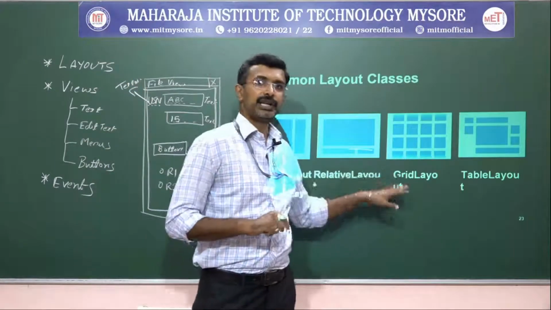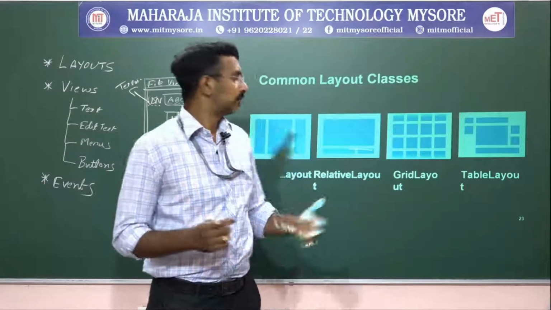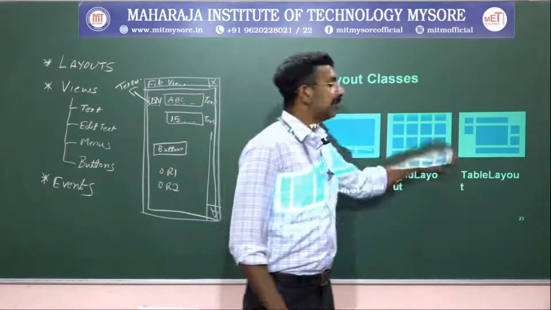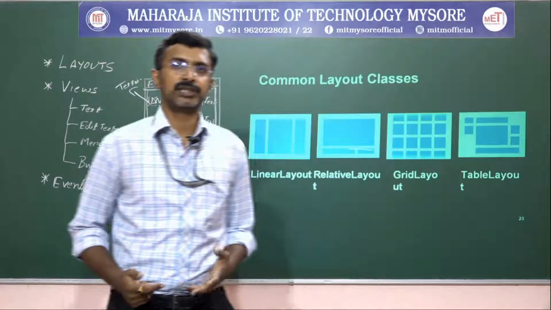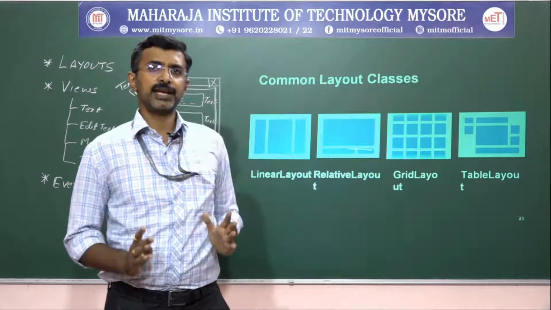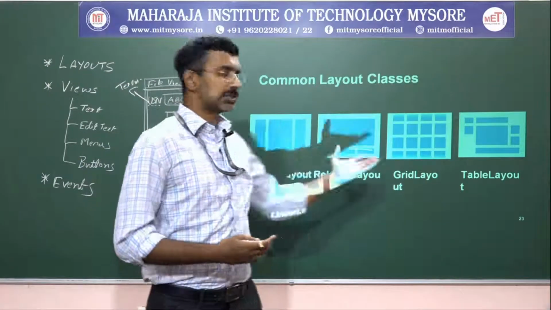Or no, I want it in a grid layout. Certain information is good to be represented using a grid, so better use a grid layout for that activity, or else use a table layout, which is very well used in our web applications, the table structure. So in an activity while you are designing, it is up to the user to decide which layout structure he wants to use.